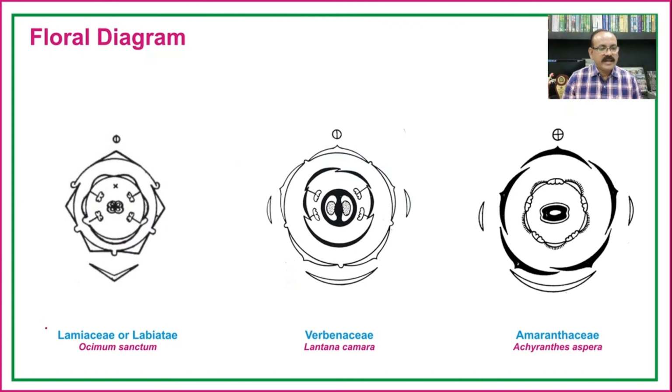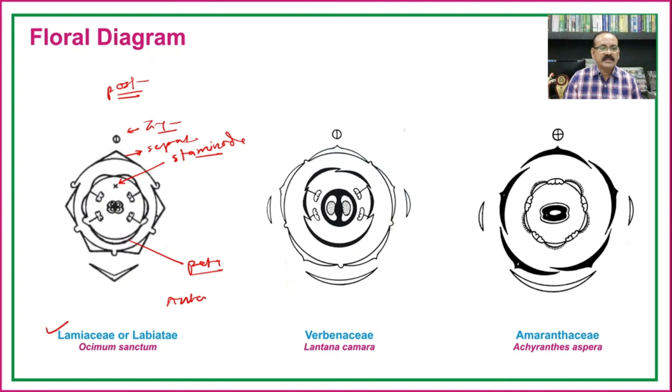In the family Lamiaceae, again the specific condition that you are able to see here is a cross sign, which indicates the presence of staminode. The flowers are zygomorphic, and the odd sepal is present to the posterior side and the odd petal is present to the anterior side.